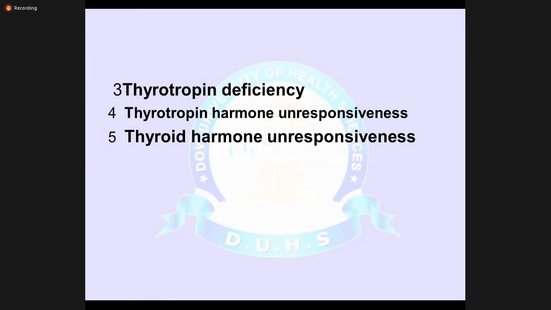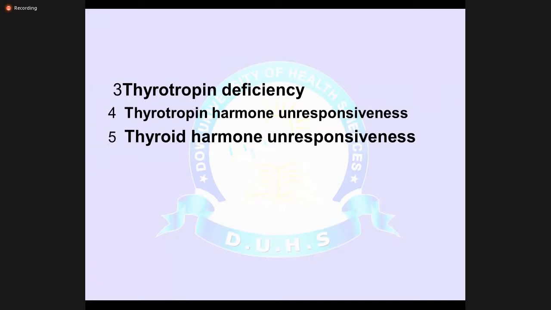So if a baby has thyrotropin deficiency, as there will be no thyrotropin, there will be no activation of the anterior pituitary to form the thyroid stimulating hormone, so it will be less, and as a result, the thyroid gland will not produce the thyroxine. So one of the reasons of congenital hypothyroidism could be that the fault is in the hypothalamus, which is not producing the thyrotropin.